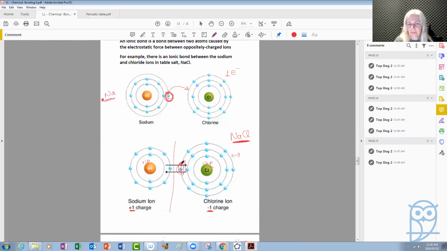So this common pair of electrons is attracted so closely to the chlorine because it is such an electronegative atom that hence we have the formation of the two ions, and then the two ions are attracted because they are two oppositely charged particles. That is the reason why they are attracted. It's not the common pair of electrons that keeps them together.